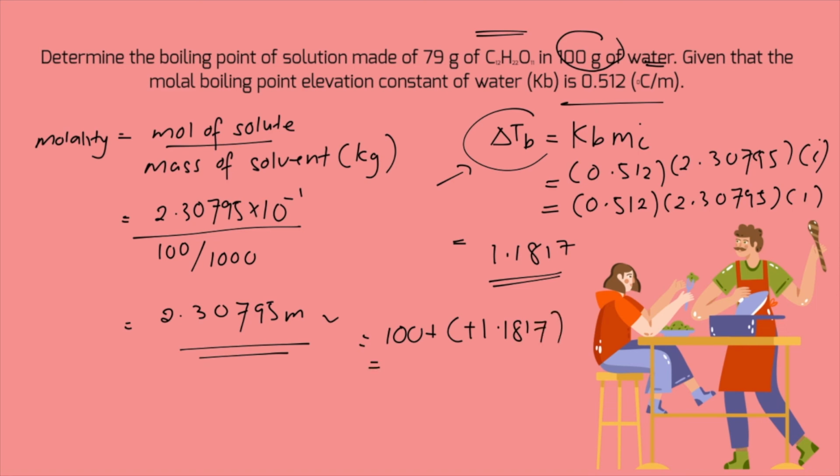So the new boiling point of the solution made by mixing this substance into water is 101.1817 degrees Celsius. This is the final answer for the last question of this quiz.